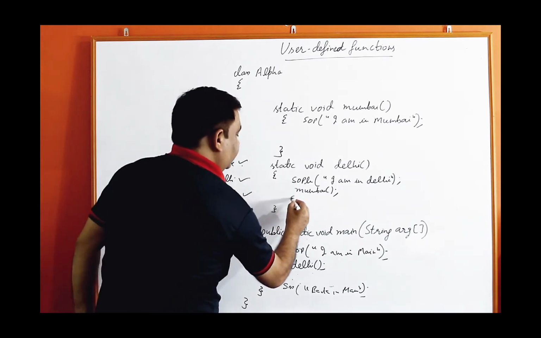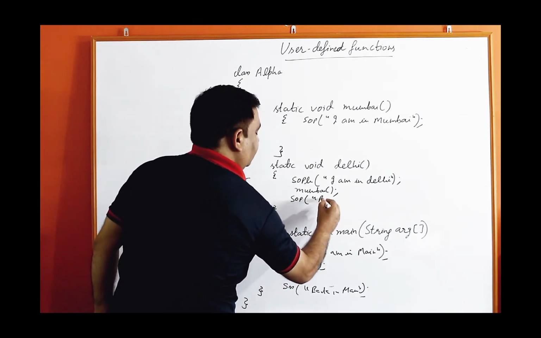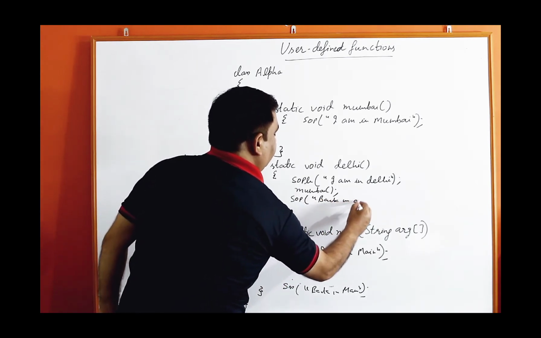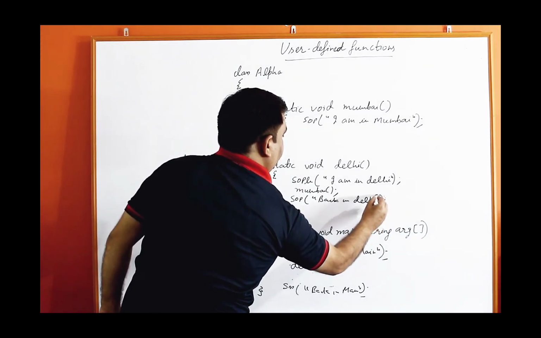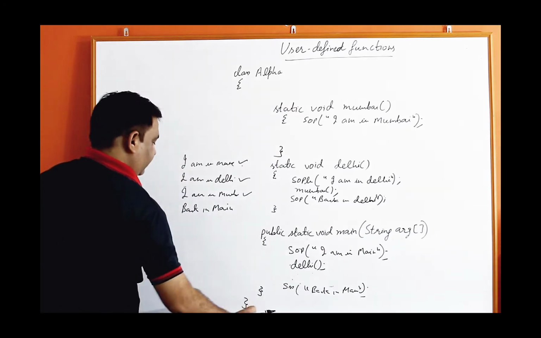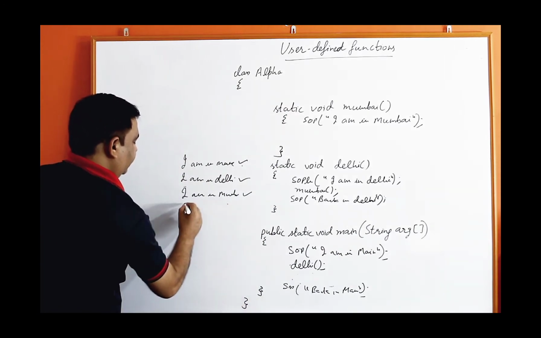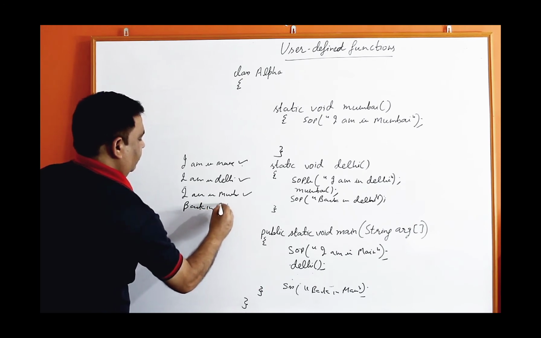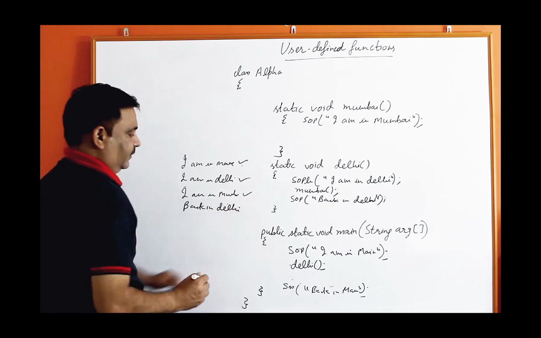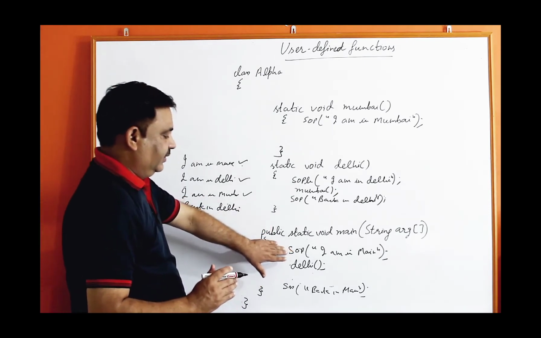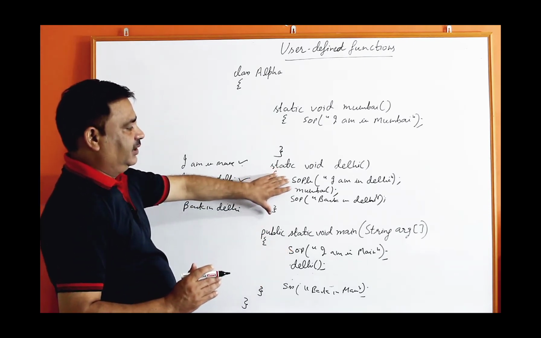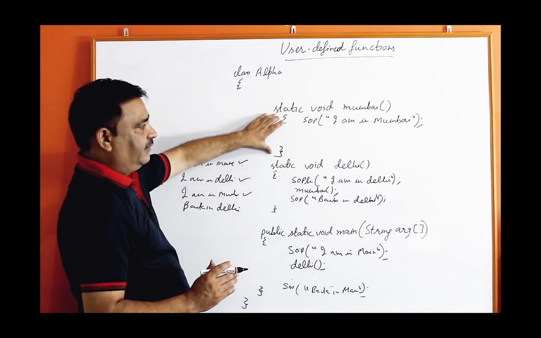Suppose one statement is there, back in Delhi, then before coming back to main, it will first of all print back in Delhi. So again try to understand: I am in main, control will jump here, I am in Delhi, Mumbai, this part will execute.